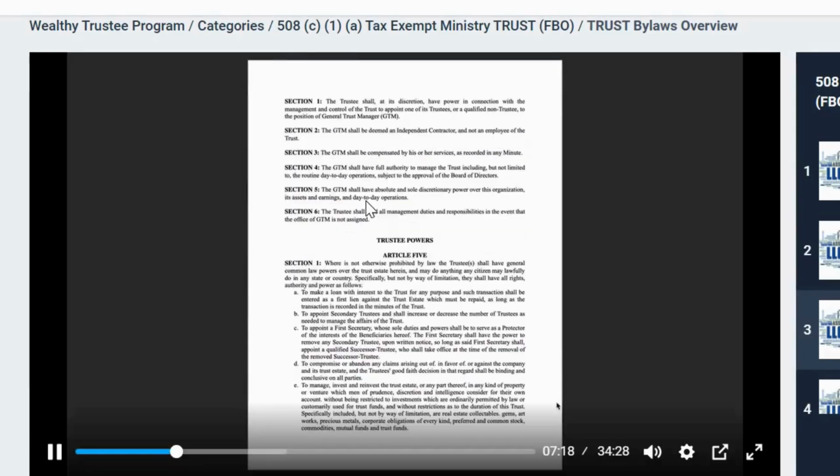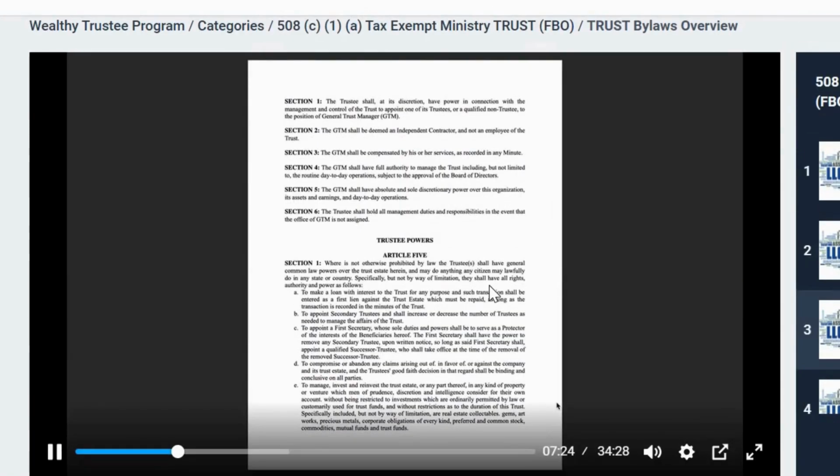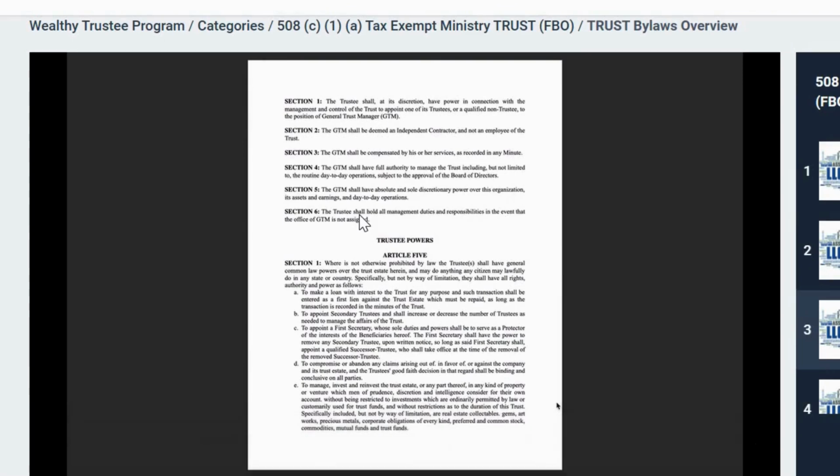Section 2. The GTM shall be deemed an independent contractor and not an employee of the trust. Section 3. The GTM shall be compensated for his or her services as required in the minutes. Section 4. The GTM shall have full authority to manage the trust, including but not limited to the routine day-to-day operations.